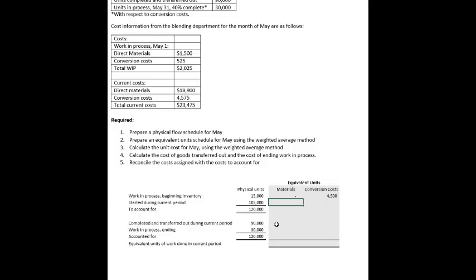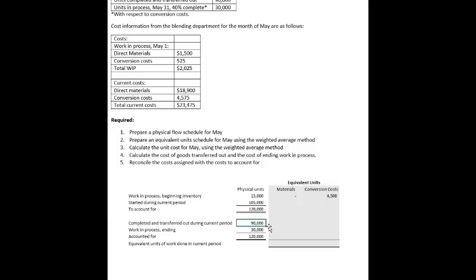So what we do know is that the completed and transferred out of blending during the period were 90,000 ounces. This is kind of confusing, but of that 90,000, not all of it was started in the current month, because these 15,000 ounces that were sitting at the beginning of the month in our vat were done.